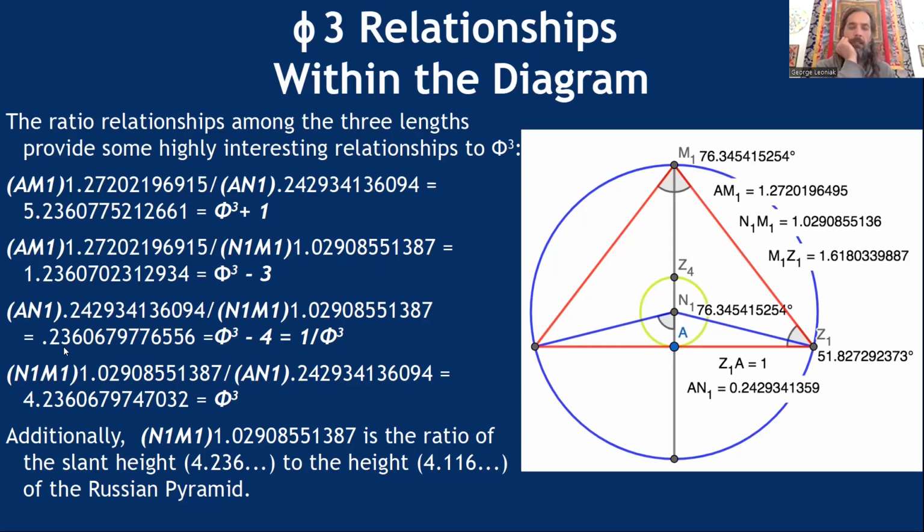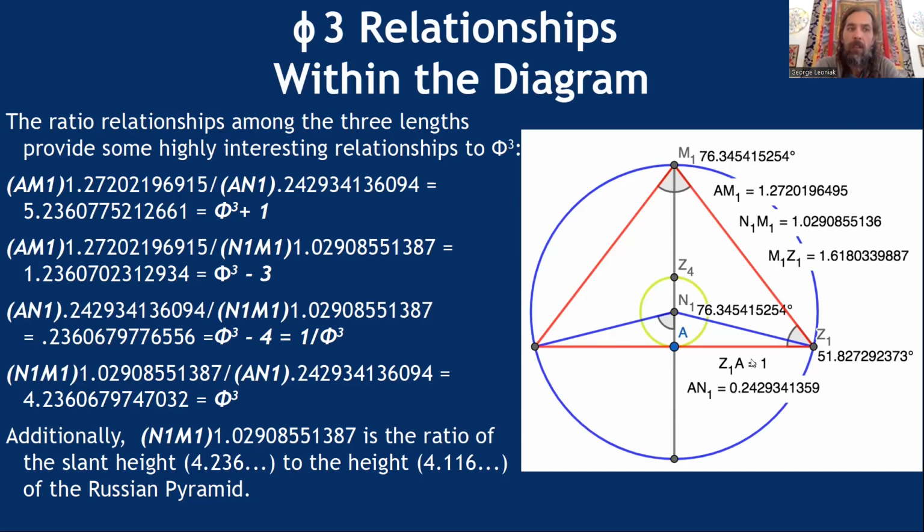The next relationship, if we go AN1, which again is 0.242, and divide that by NM1, 1.029, we get 0.236, which is phi cubed, 4.236, minus 4, which is also equal to 1 over phi cubed. In other words, the inverse of phi cubed.